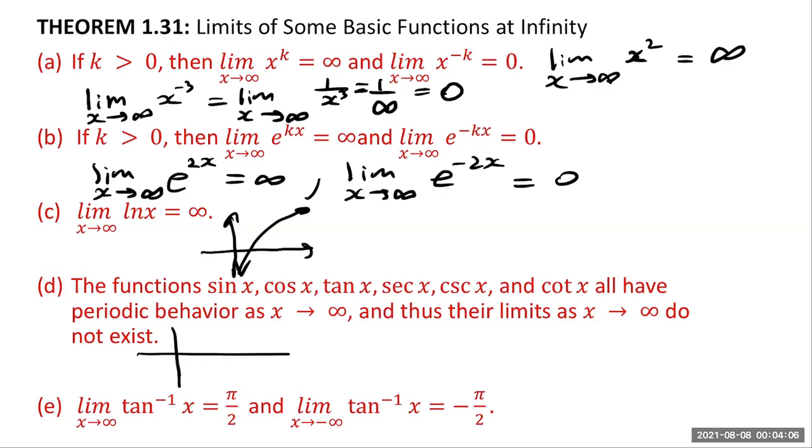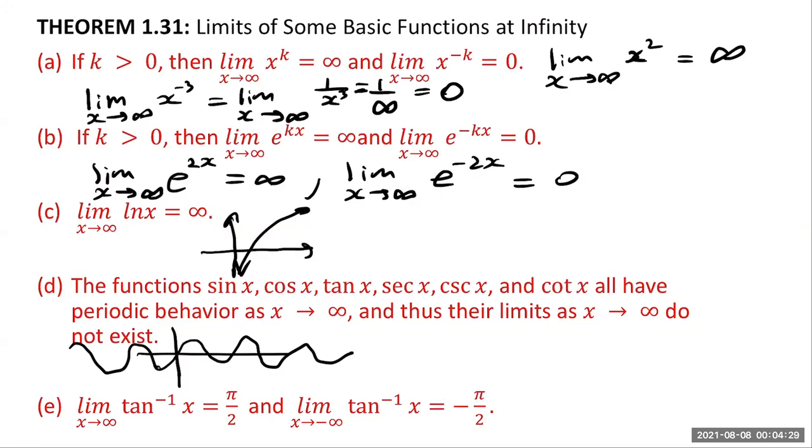The graph of sin x looks like this, right? It will continue forever, the left-hand side as well. As you can see, we cannot determine what happens to the function value as x goes to infinity because it keeps bouncing, it keeps oscillating. So the limits of the trigonometric functions as x approaches infinity do not exist.